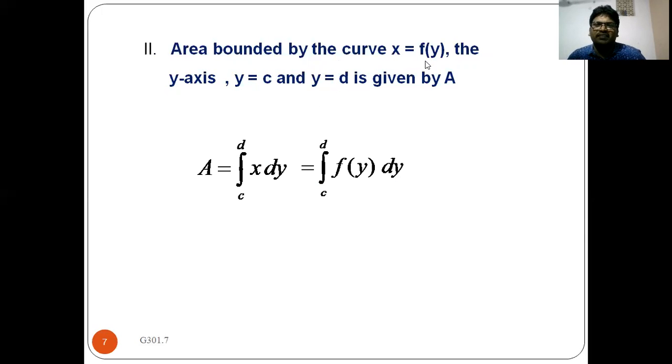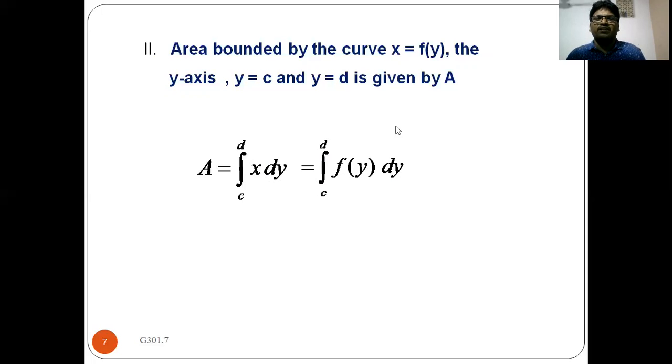Here the curve is along the y-axis. So the area A is equal to the integral from c to d of x dy, which is the integral from c to d of f of y dy.